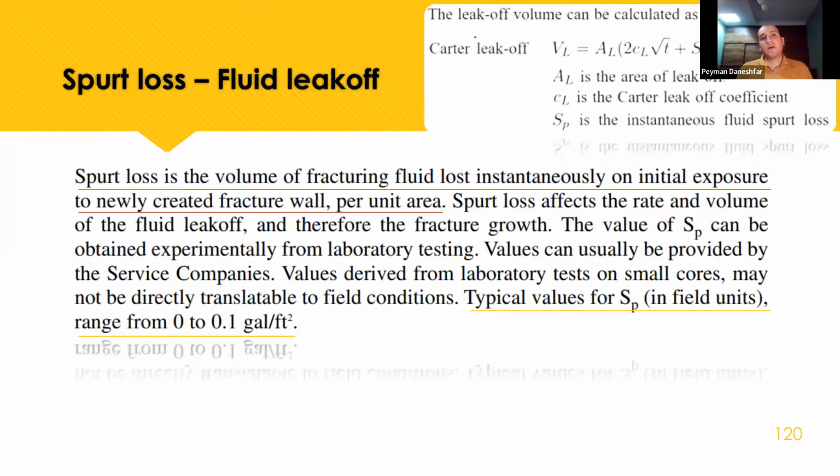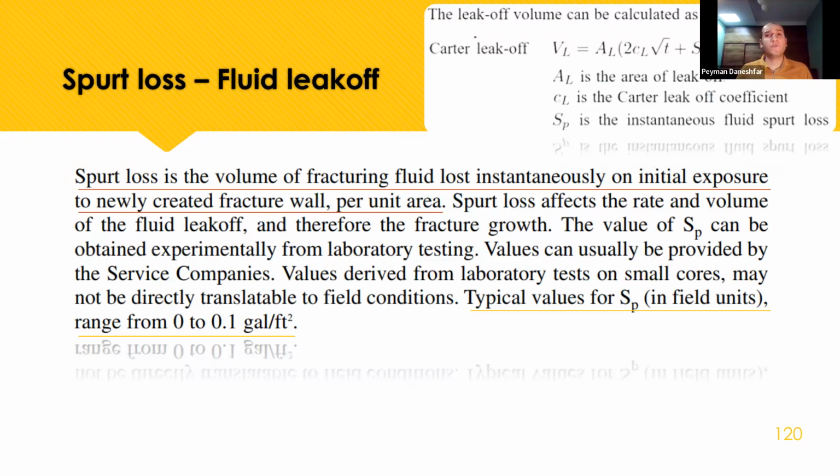What is spurt loss in fluid loss? Spurt loss is the volume of fracturing fluid lost instantaneously on initial exposure to a newly created fracture wall per unit area. We can calculate the leak-off volume by the leak-off coefficient.